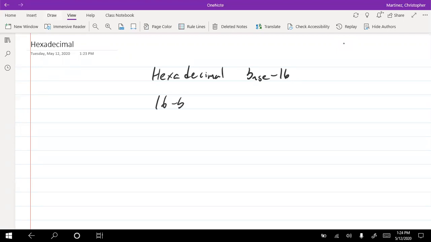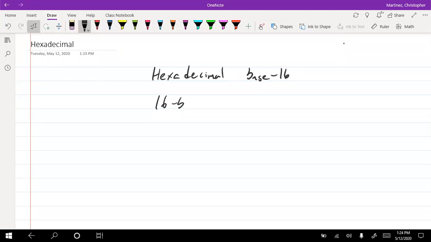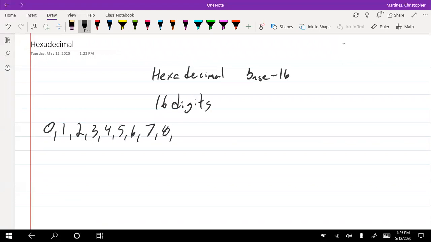The 16 digits are going to be that we start with our normal decimal items. So we'll do 0, 1, 2, 3, 4, 5, 6, 7, 8, 9.